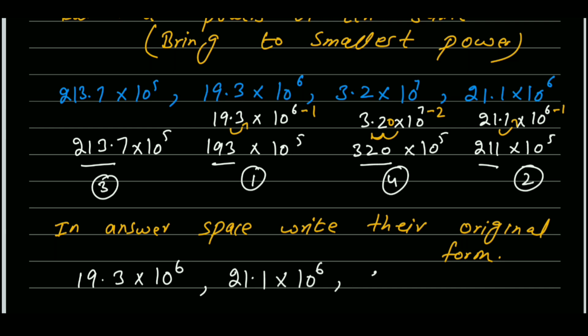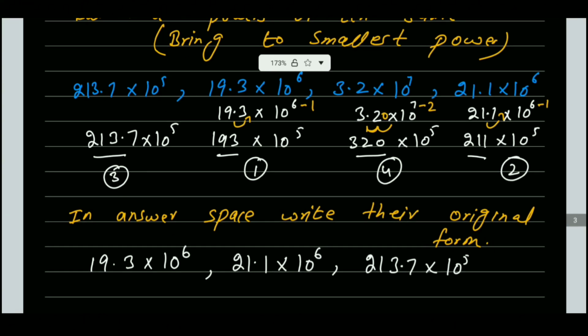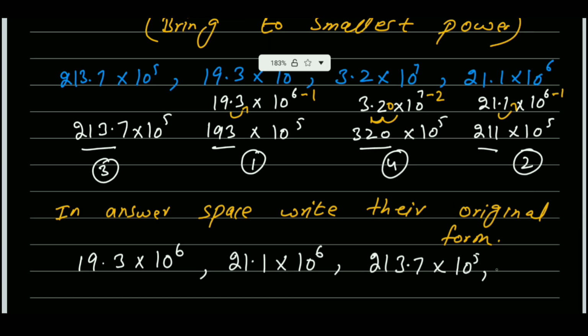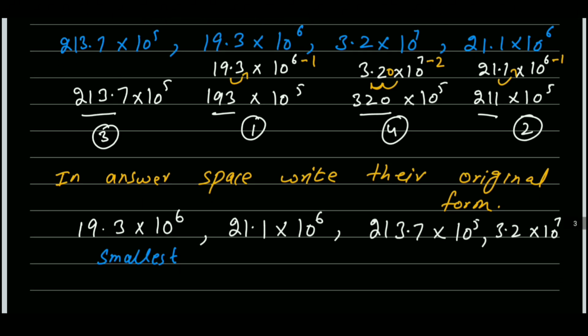Then third, 213.7 multiply 10 raised to power 5. And then 3.2 multiply 10 raised to power 7. So this is smallest, and this is largest. Smallest to largest.